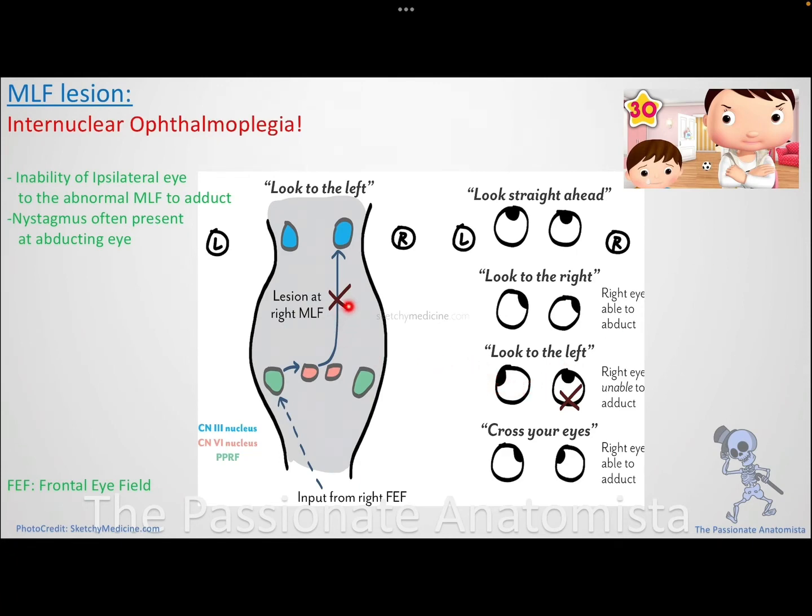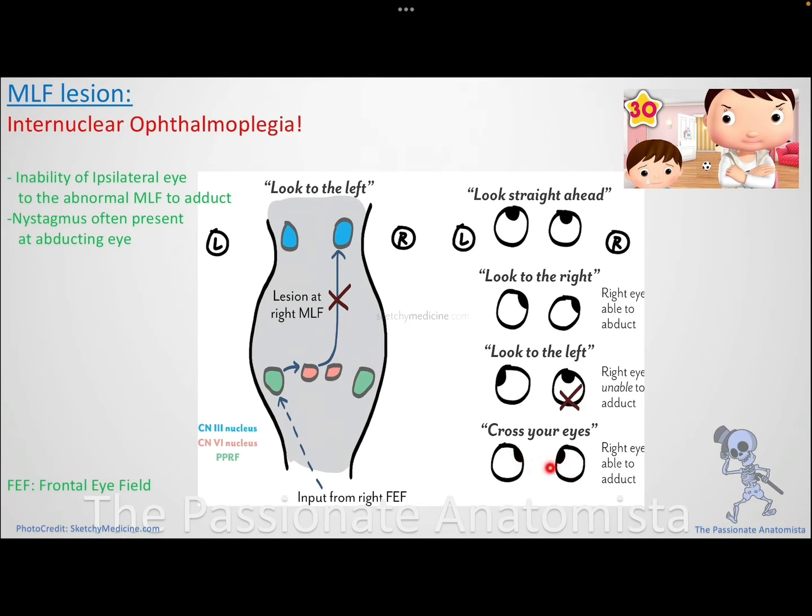If your right medial longitudinal fasciculus is injured, it means that the control from this sister is not reaching the oculomotor of the right eye. It means your right eye will fail to follow, so it will be unable to adduct. It will be unable to follow the left eye. However, if you ask the patient to cross his eyes, he will be able to cross.